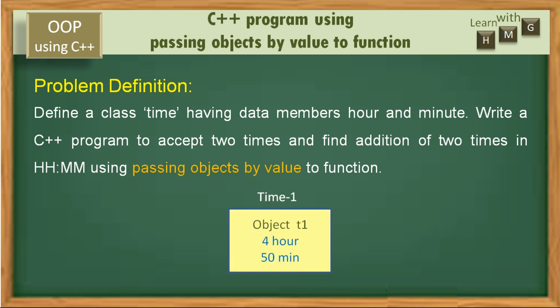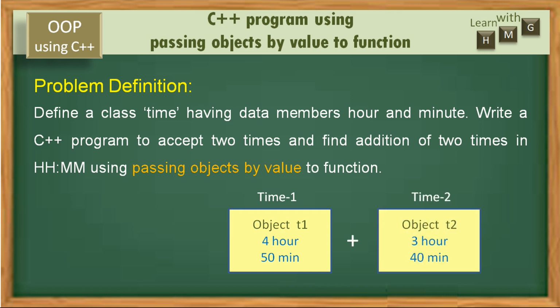So you will require time 1, which will be represented by object t1. Let us say the object t1 is 4 hours and 50 minutes. So 4 hours is the value of the first data member hour, and 50 is the value of the second data member minute. This is your first object t1. Plus you have to add time 2, which is in the form of object t2: 3 is hours and 40 is minutes.